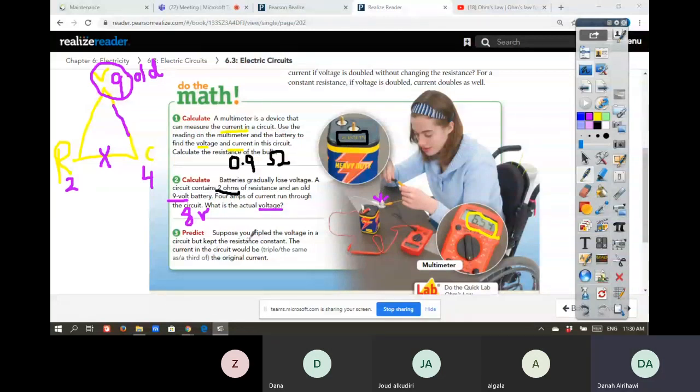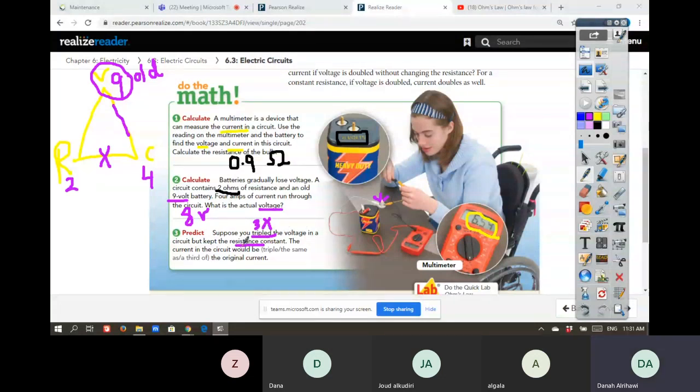Now, suppose you tripled the voltage in a circuit. You treble, that means 3 times the voltage in a circuit, but kept the resistance constant. It's the same resistance. So, again, I have volt and I have ohm.